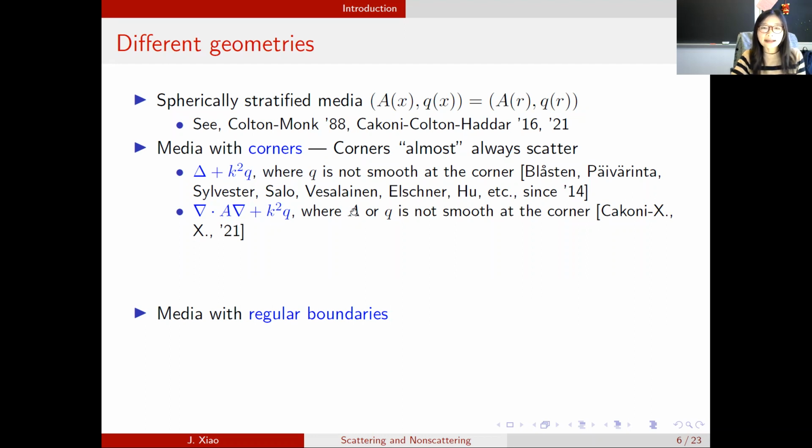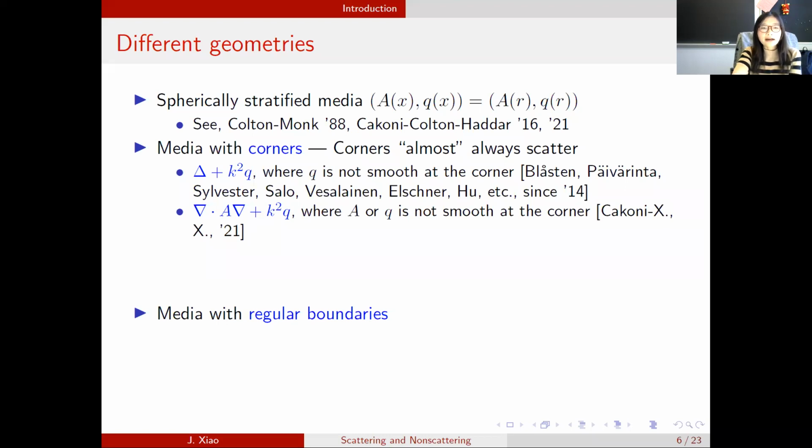Especially when A is not smooth at the corner, when the support of A minus I has a jump at the corner, then the results become interesting. More specifically, there might be some non-scattering waves.